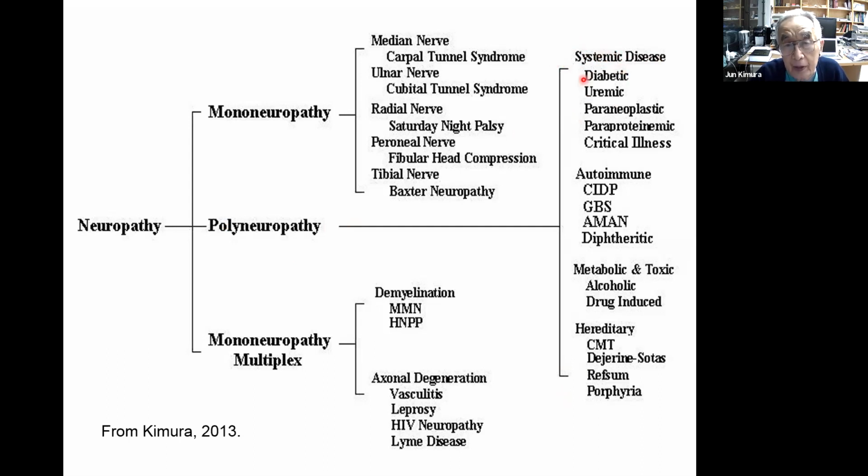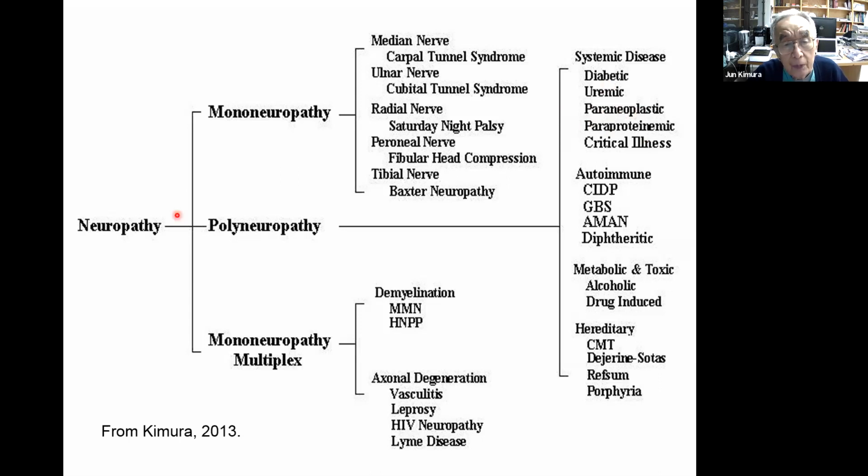So this is very common. If you add mononeuropathy carpal tunnel, polyneuropathy, diabetic neuropathy, I have about 70% of the patients doing that. But here again, it could be uremic, it could be critical illness, it could be paraneoplastic, many categories.